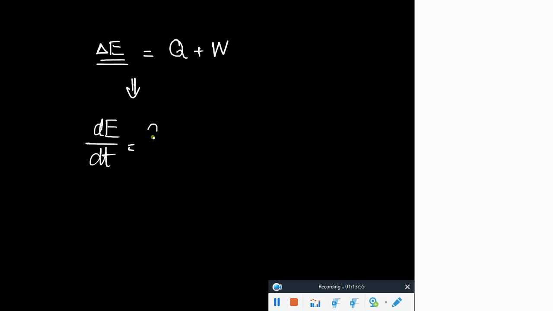We have seen that delta E was equal to Q plus W. Now you see, this relationship is in its magnitude form. This relationship also holds true for their rates. Remember that. This is another form.